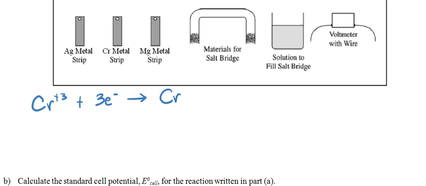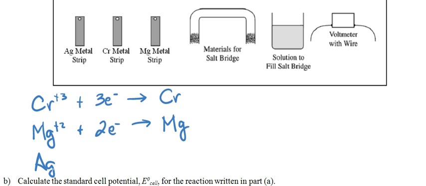And then we'll also have a possibility of magnesium ions absorbing 2 electrons. And again, these are what are on our standard reduction potential sheet. And our last possibility is silver +1 absorbing or accepting an electron to form silver metal.